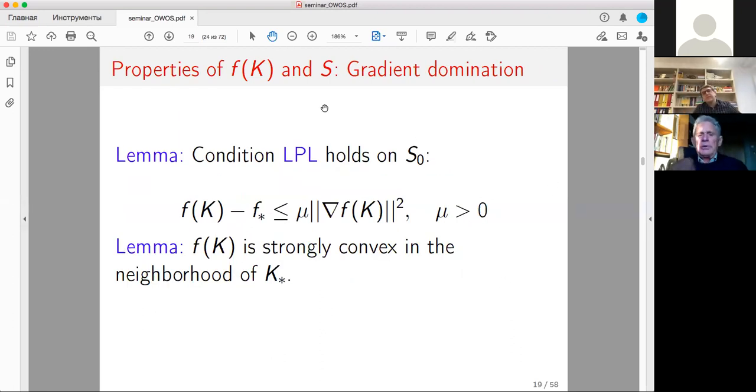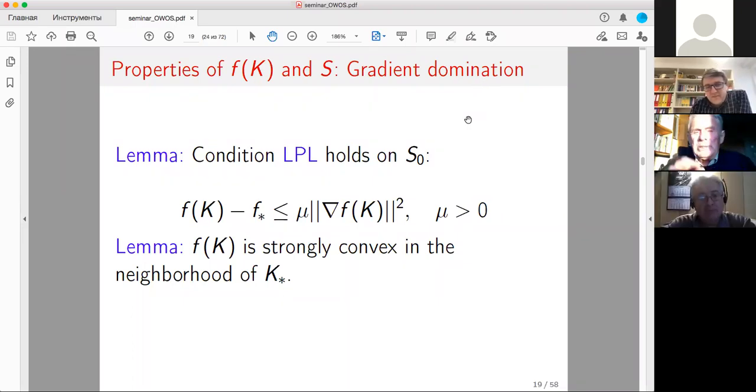And the most important thing is that the gradient domination condition holds for such functions. Well, we see they are non-convex, unbounded, and so on, but nevertheless, this condition holds true.